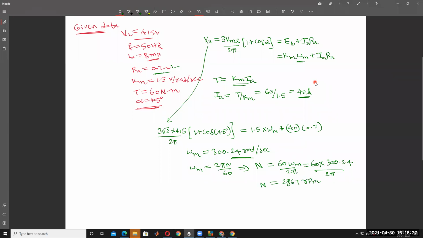So this is the solution, this is the formula, this is the answer. So simple, only by using this relation we will get the total answer. Is it clear? Everyone is clear, I think. Then go for another problem.